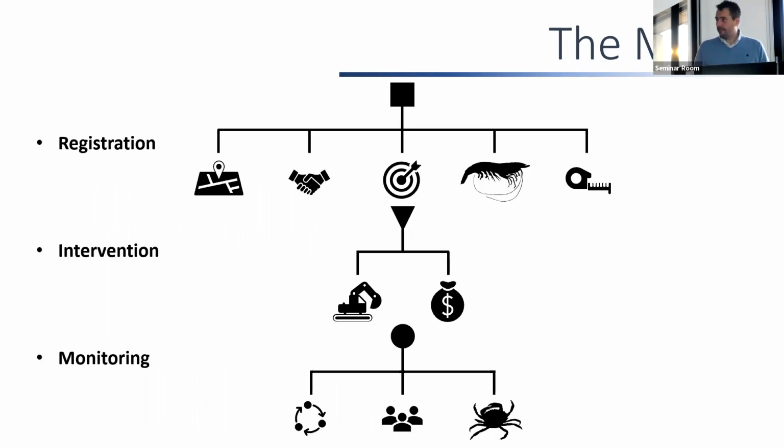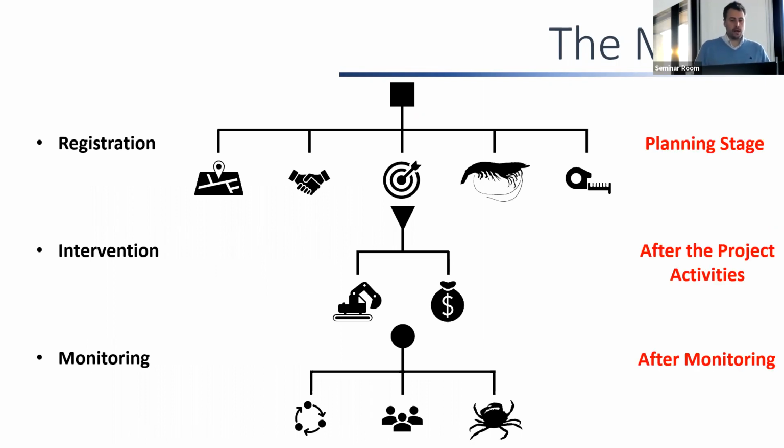So the tool itself is split into 3 different sections, which are completed at different stages. The first of all is the registration phase. This captures things like the location of the project, who the partners were, what its aims were, and what some of the causes of decline. And we would envisage this being completed during the planning stages of the project.